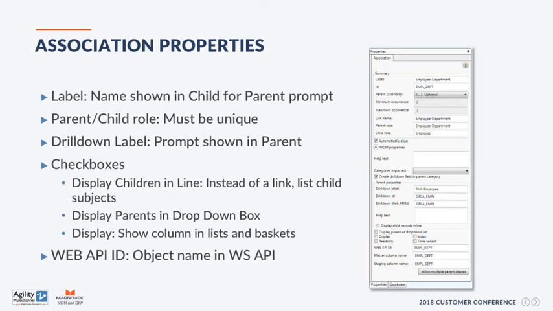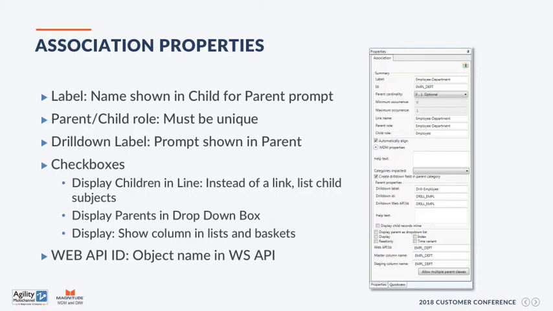So associations have other properties besides ordinality and cardinality. There is the label. The label is the name that will be shown as the prompt when you're looking at a child record to have you select the appropriate parent when the record is being entered. Parent and child role. Those roles must be unique across a given category of information.